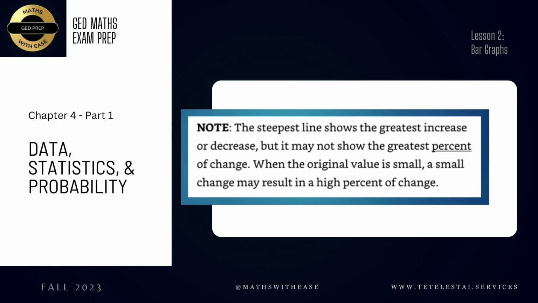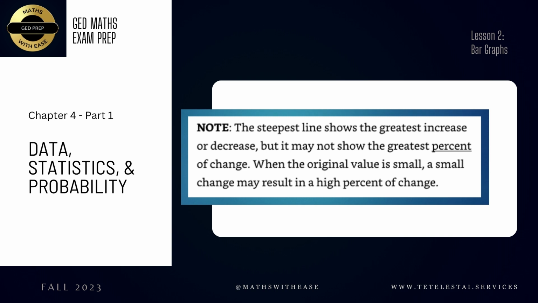So the note from the book is that the steepest line always shows the greatest increase or decrease, but it may not show the greatest percent of change. And so when you hear the word change, ordinarily, you know that something was a certain way and then its state was altered and it became something different, right?